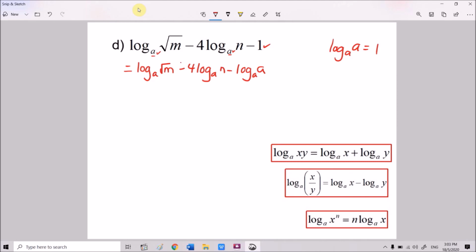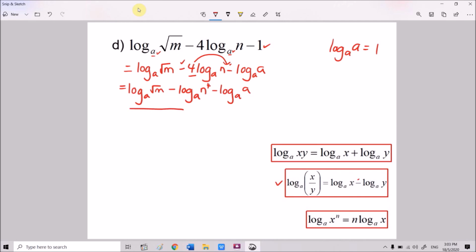Now, since it's a subtraction here, we know that we need to use the division law, but we still have to settle the 4 first by bringing the 4 to the front using the power law. So I rewrite this, it becomes log base a of square root of m minus log base a of n to the power of 4 minus log base a of a.